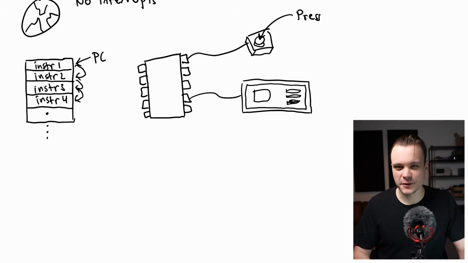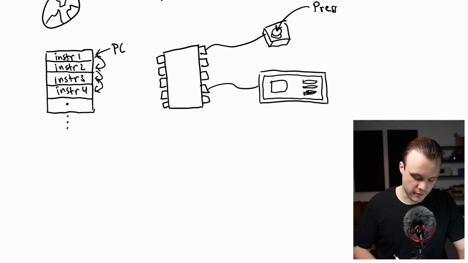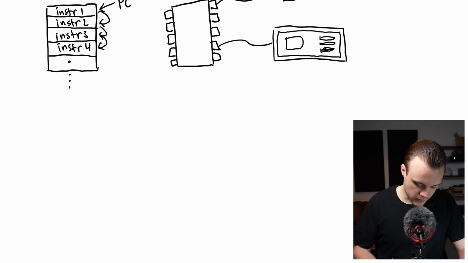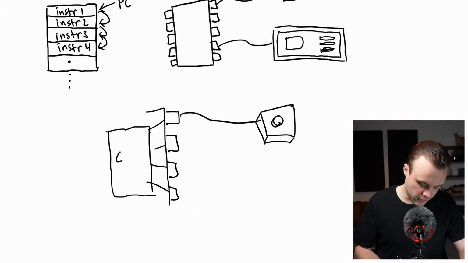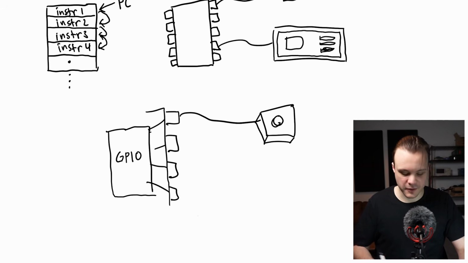And if we stay in the world without interrupts for a little longer, the way we can solve this is by having the CPU periodically check if a button press has happened. So let's say that the pins on the microcontroller are connected to some sort of hardware block. So I'm just going to redraw this here. And this hardware block detects when the logic level or the voltage level of the IO pin changes.